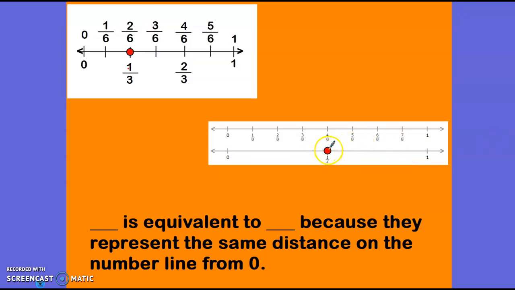So what fraction is equivalent to 1/2? You need to find the place that is the exact same distance from 0 on the eighths number line, which is this point right here. So the answer is 4/8 because they represent the same distance on the number line from 0.